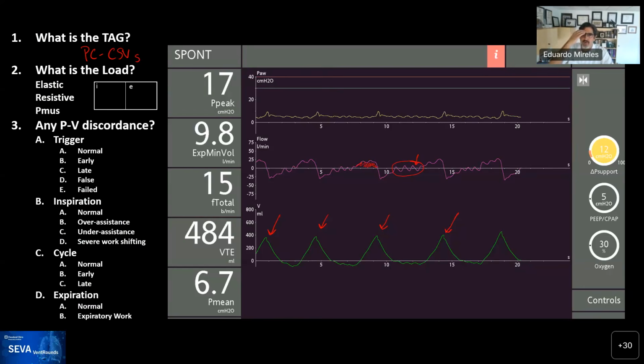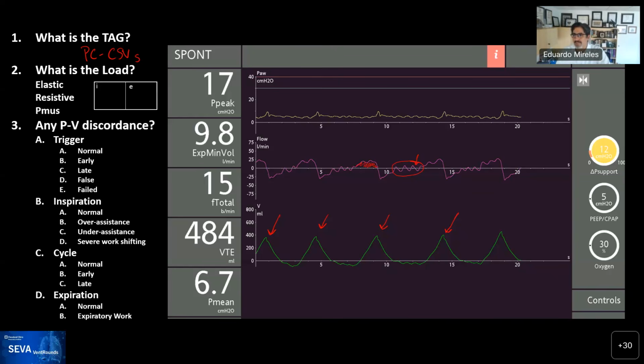Yeah, one question, Eduardo. You speculated on the cause of that. Was there any charting in the patient's record that would indicate that, or did someone just do this and not pass forward what they had done? It was speculation, Rob.